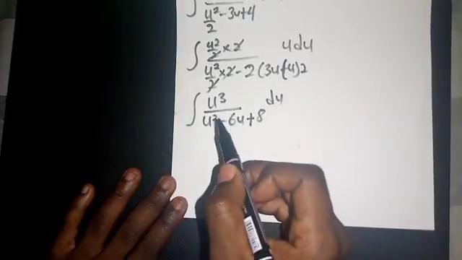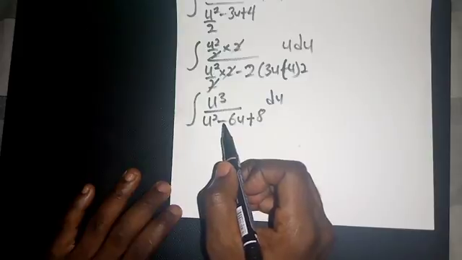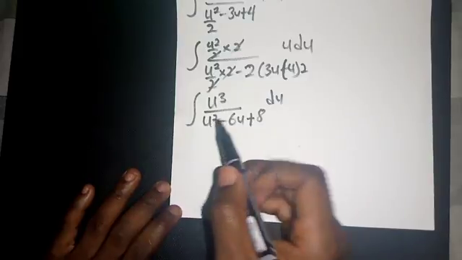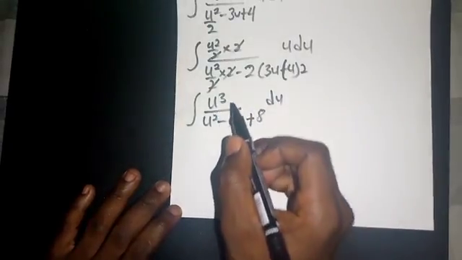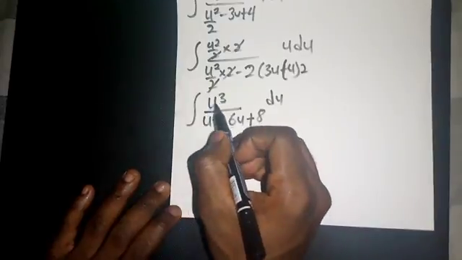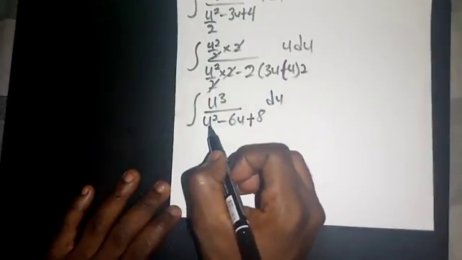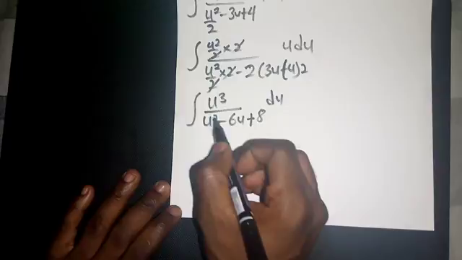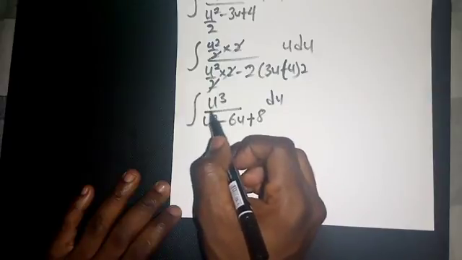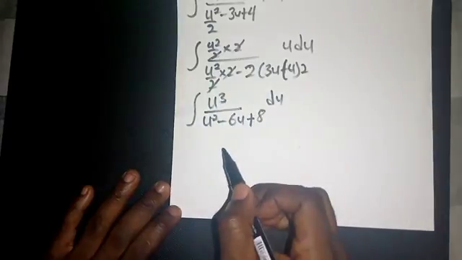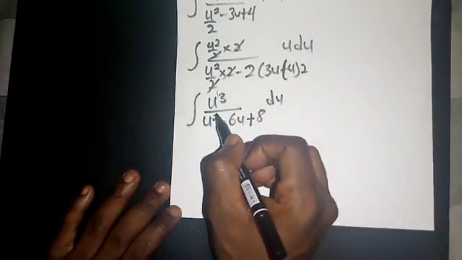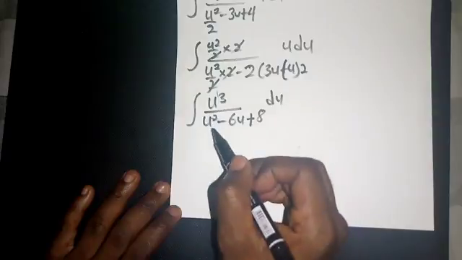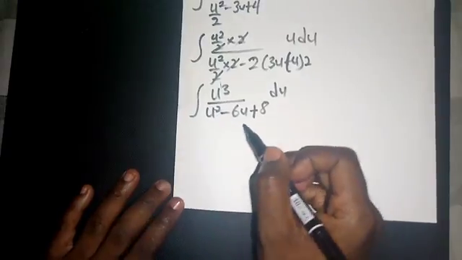So we have to find the long division of this, because before you do a partial fraction, the power of the denominator must be greater than that of the numerator. In this case the numerator is cubed and the denominator is squared, so we have to perform a long division over here.